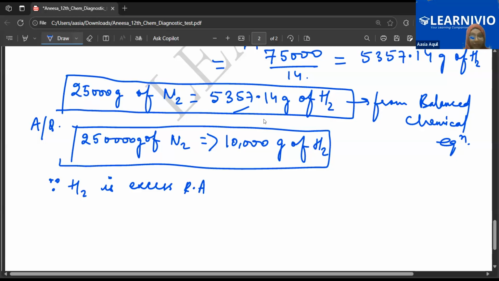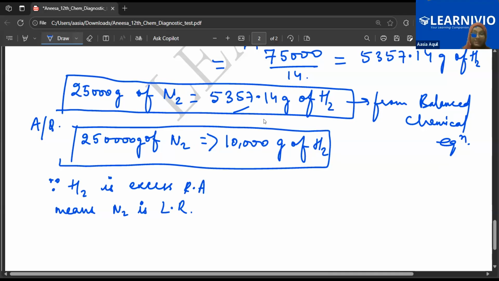And I told you what a limiting reagent is: the reactant which is fully consumed in the reaction to produce a product, and which is limited in amount. So obviously, if hydrogen is the excess reagent, it means nitrogen is the limiting reagent. Just remember that. Clear? Yes, ma'am.